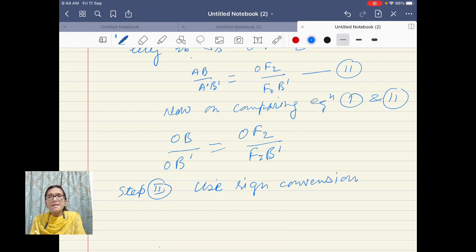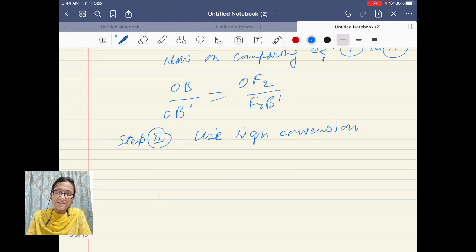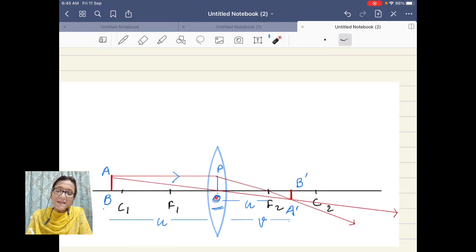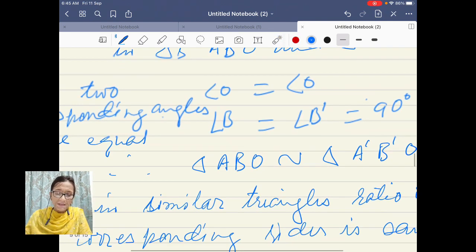And we will change OB, OB', etc. into object distance, image distance, U and V by using proper sign convention. So here, OB is the object distance, and you can see that this OB is measured in a direction from O up to B, opposite to the direction of the incident ray. So this U should be taken as negative.